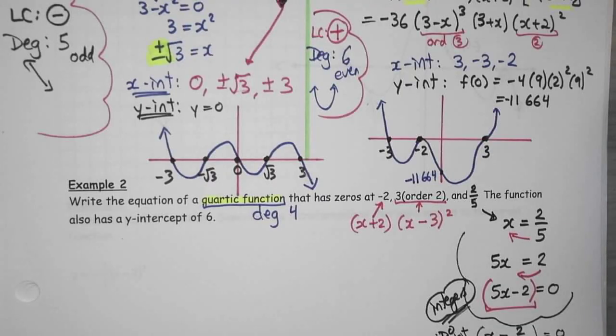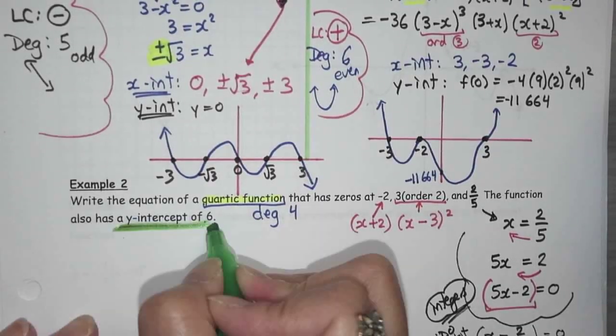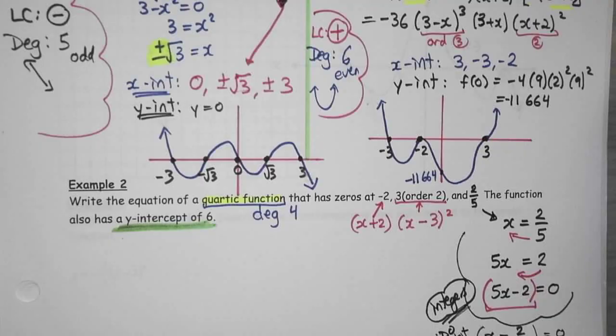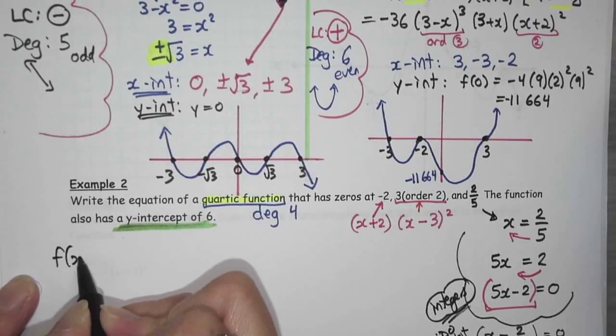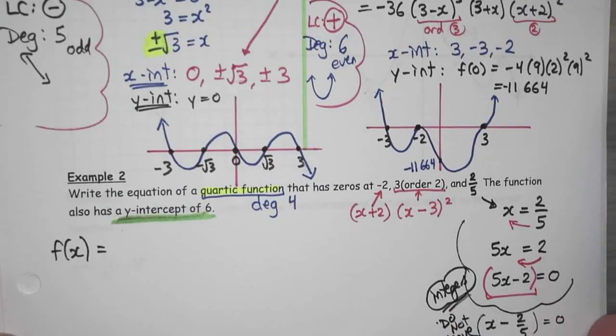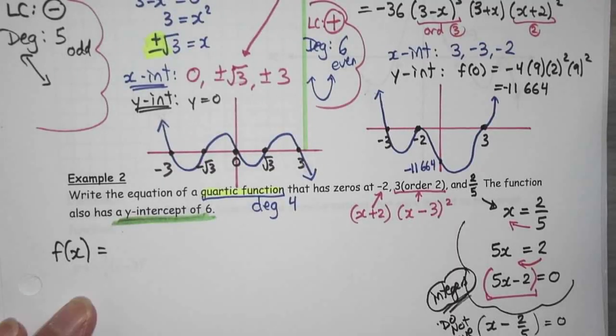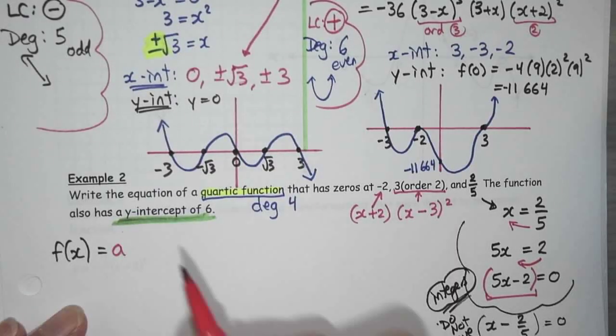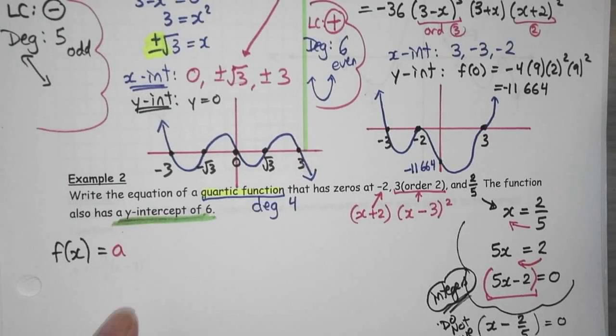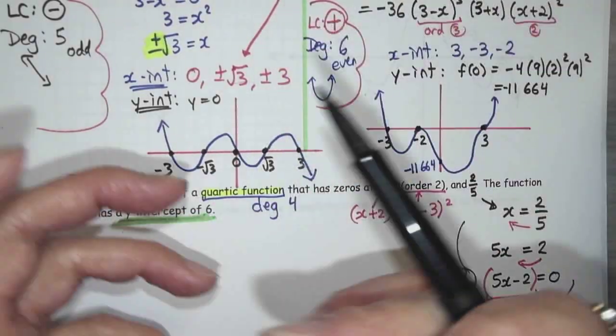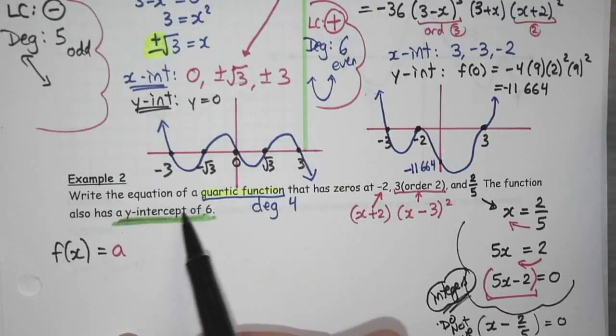So this part here, we're not done, this y-intercept of 6. So we're going to go f of x, or y equals, I prefer f of x rather than y, please, since we are so mature. We're going to put a. I don't know what the coefficient is, so that coefficient is going to stretch it or shrink it or move it so it can hit the y-intercept.